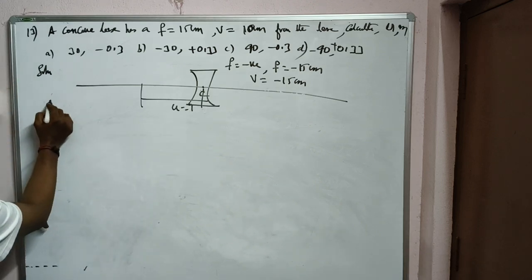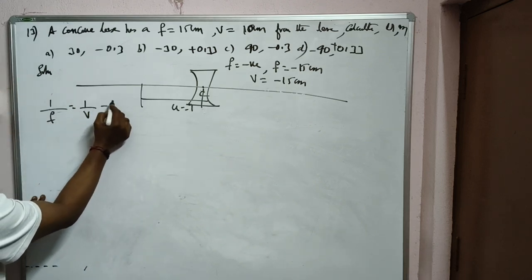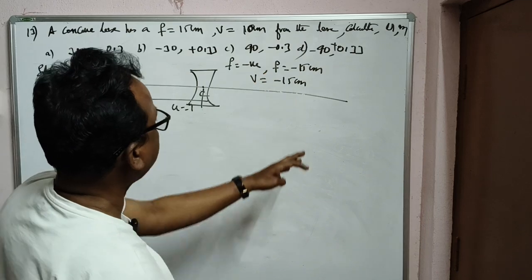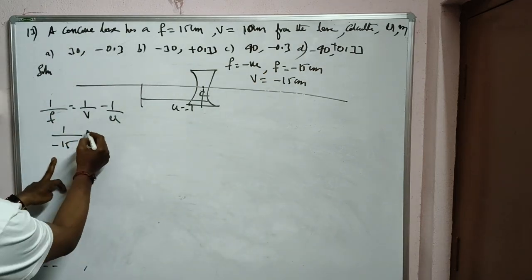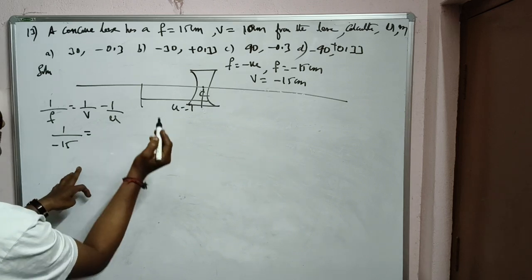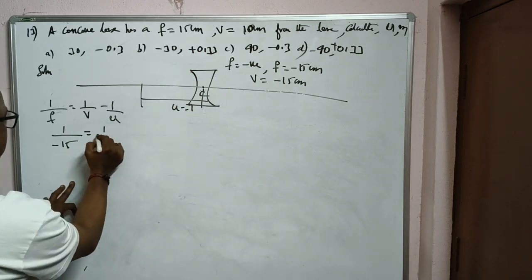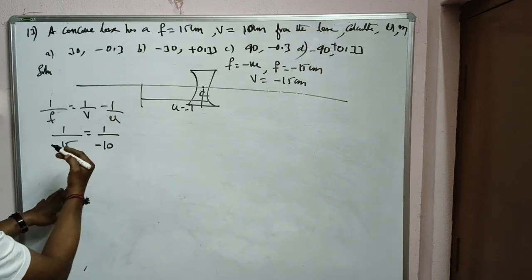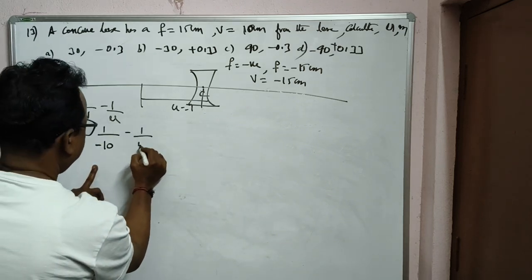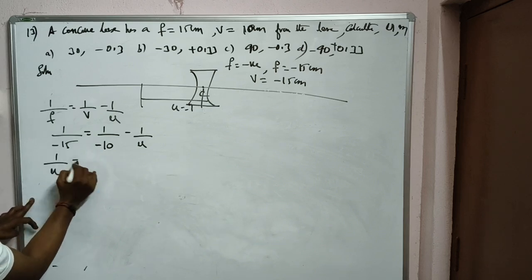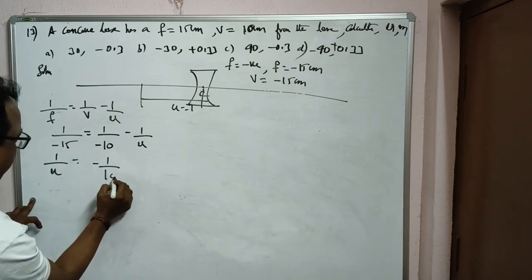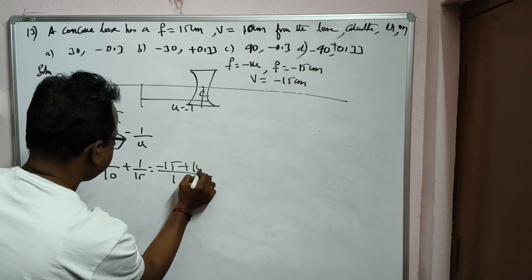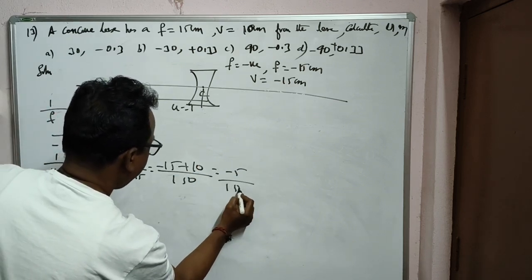You have to go for the formula 1 by F is equal to 1 by V minus 1 by U. Focal length is negative, so 1 by F means 1 by minus 15 is equal to 1 by V. V is given, that is 1 by V, that is minus 1 by 15 from the optic center, negative value, minus 1 by U. Take this to the other side, so minus 1 by 10 plus 1 by 15, LCM 150, minus 15 plus 10, that is equal to minus 5 by 150.